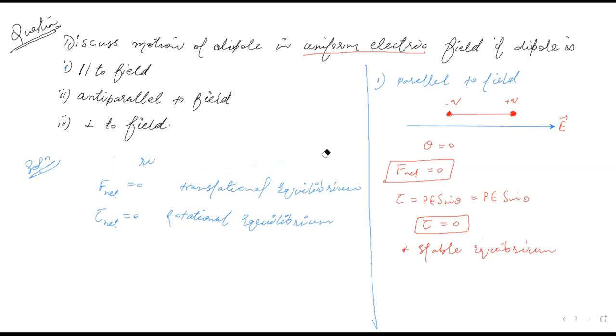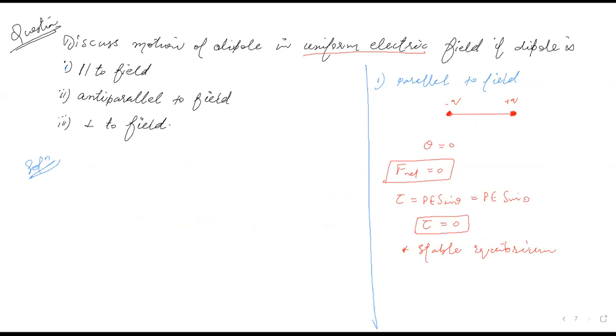The next case is anti-parallel to the field. I mean, your dipole is placed in such a way that the field is in the opposite direction.